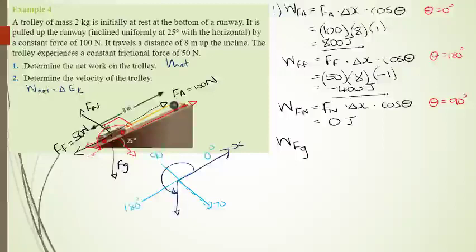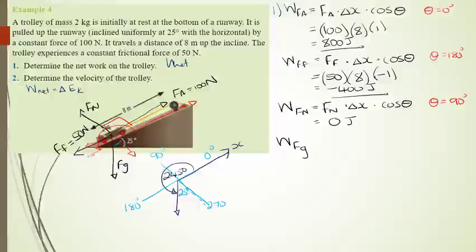And because I've done that, this angle over here is always the angle between your perpendicular component and your force, which is 25 degrees. So if that's 270, and I need to minus 25 degrees from 270 to get this angle, I'm going to have 245 degrees.